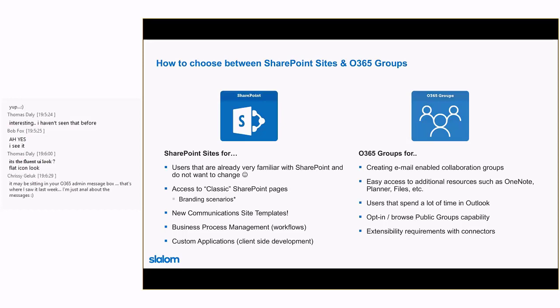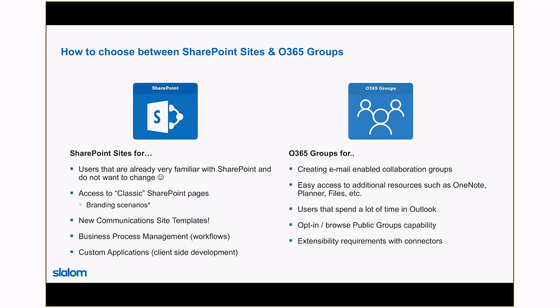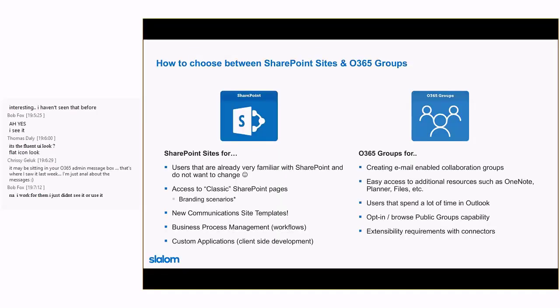More importantly, if you need access to classic SharePoint pages, and that could be for branding scenarios, you're going to want to create a SharePoint team site through the SharePoint experience. So from the waffle or the app launcher, you click on SharePoint and create your site there. That creates a SharePoint site collection, and that gives you access to the classic pages.